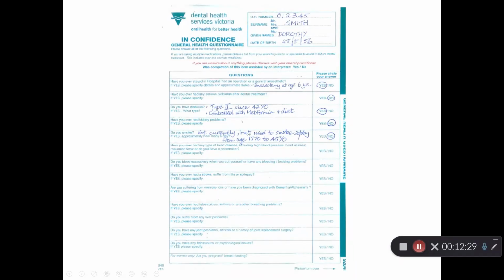This person has told the dentist they used to smoke 20 per day, which is a heavy smoker, from age 17 to 45. So they stopped at the age of 45, but they smoked for 28 years, a heavy smoker. So we keep that in the back of our minds as well. They've stopped smoking for 22 years, but they smoked for a considerable period when they were younger.